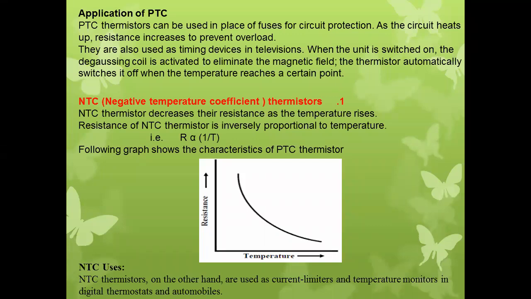In order to manufacture the fuse element, or fuse wire, we use a material having a positive temperature coefficient, similar to PTC thermistors.